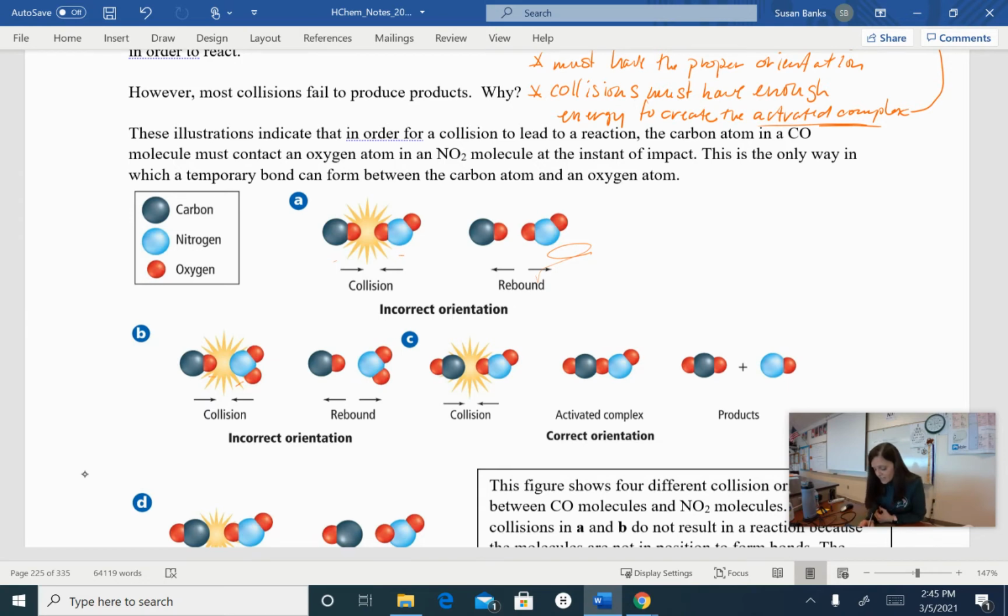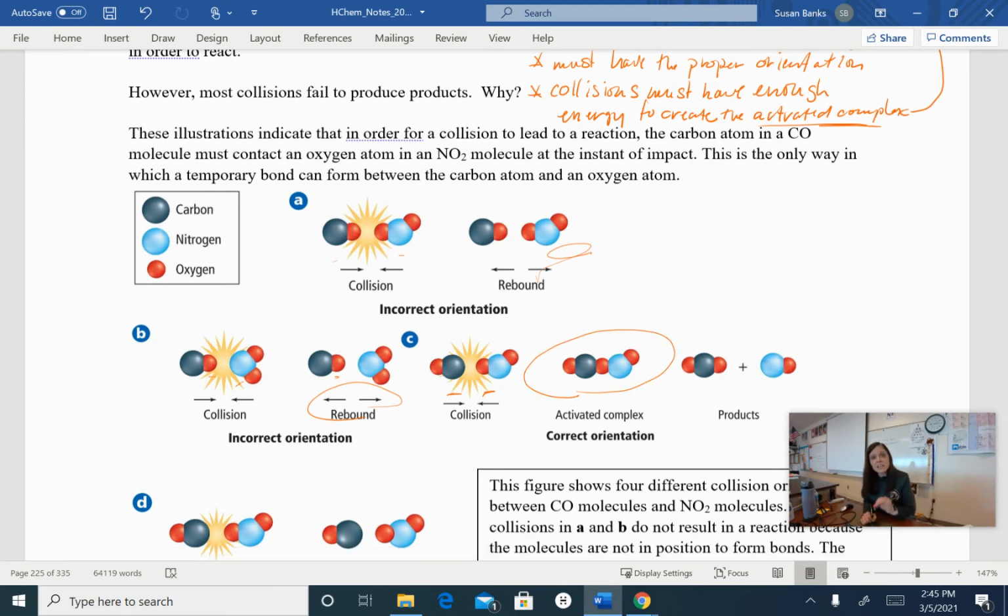So if I have the oxygen side also hitting the nitrogen, that's going to rebound. But if I have the carbon side hitting an oxygen, I can create that activated complex if I hit hard enough to form the products of carbon dioxide and nitrogen monoxide. Okay, so I have to have the correct orientation.